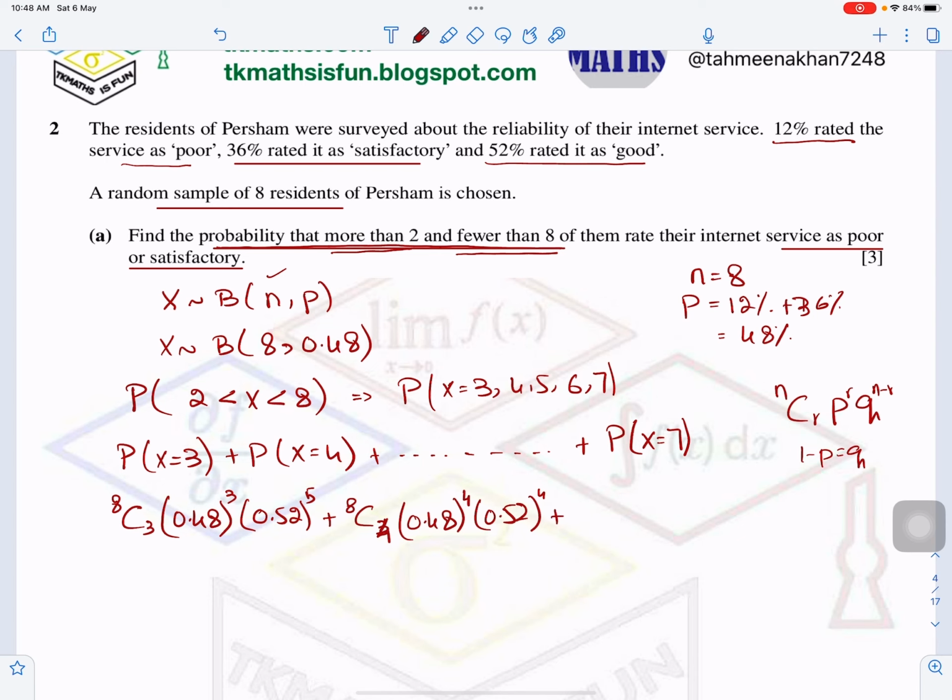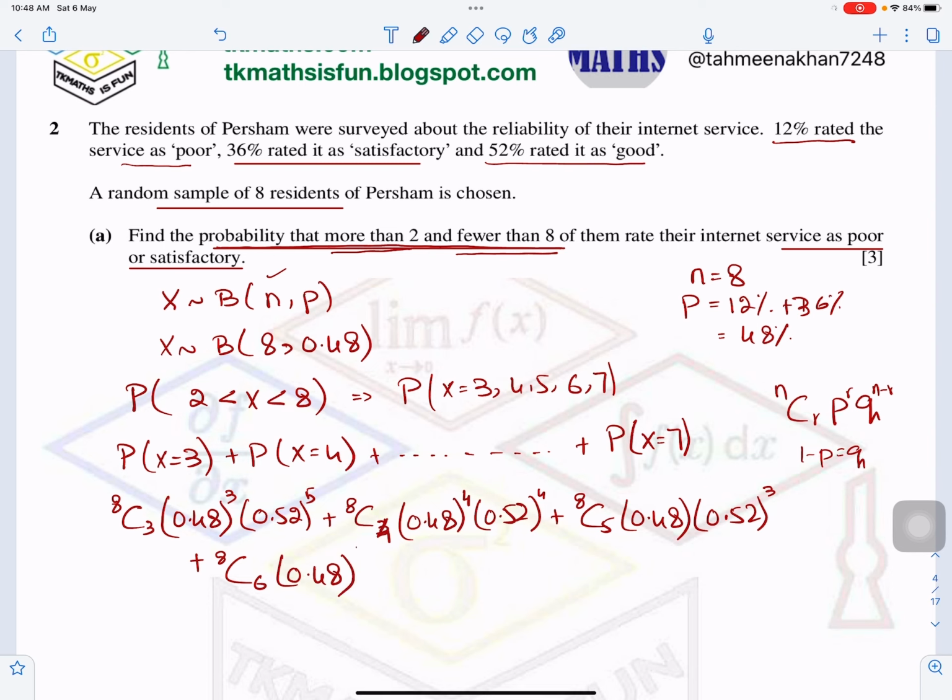Then I will write the probability of X equals 5, and like this you will write down all of them. Then for 6.